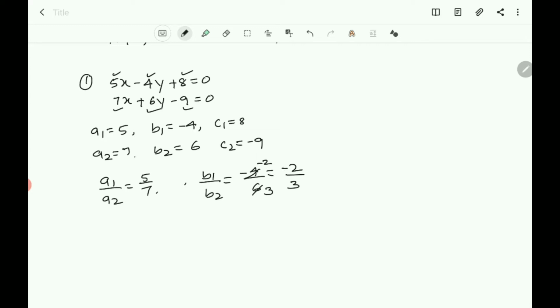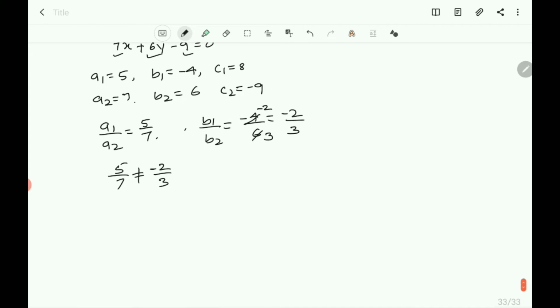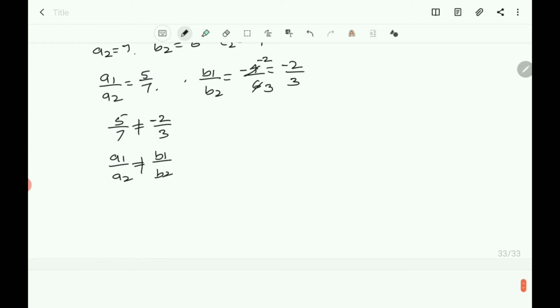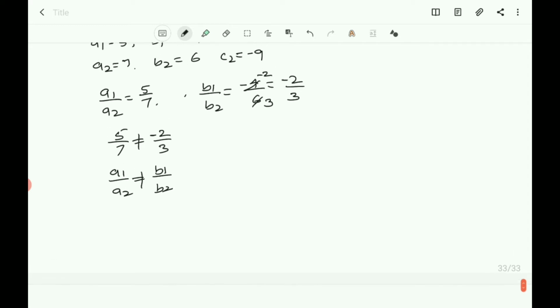And you know that 5 by 7 is not equal to minus 2 by 3. So a1 by a2 is not equal to b1 by b2. Therefore, the lines representing the given pair of linear equations intersect at a point. They are a consistent pair.